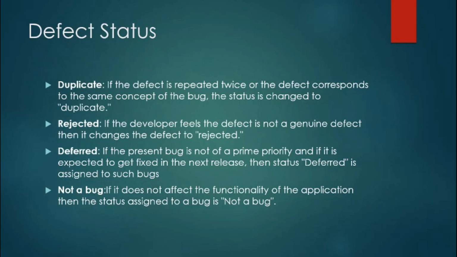Now another status is deferred. Sometimes, when the sprint starts in agile methodology, we will discuss this sprint later. Let's consider a timeline. For a particular release, there is a particular timeline, say within 30 days you have to complete the testing, all the defect testing, regression testing and so on.